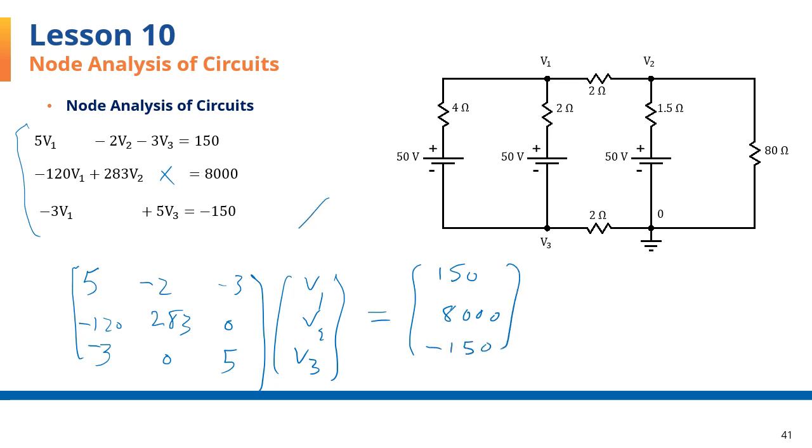I inverted this matrix in Excel and multiplied the inverse matrix by this vector to get the vector representing V1, V2, and V3.